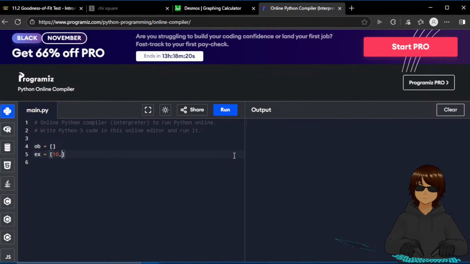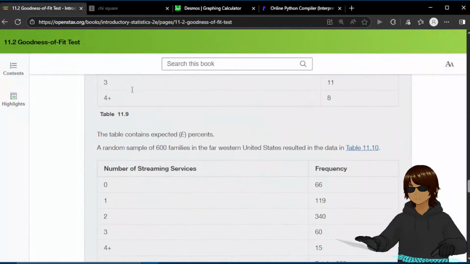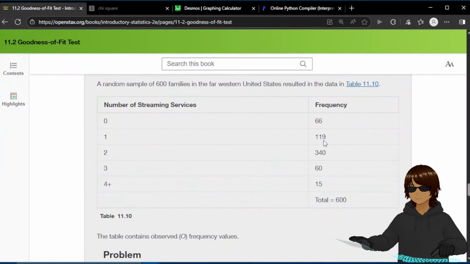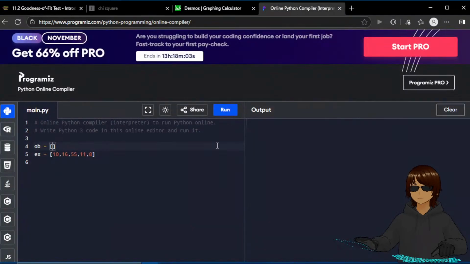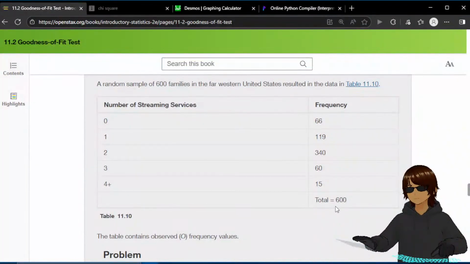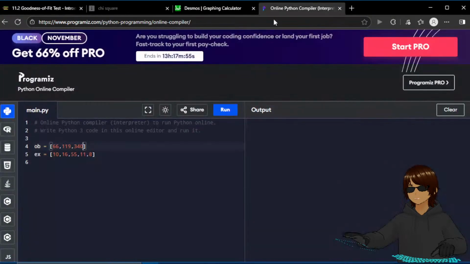And then this is frequency 66, 119, 340, 60 and 15.